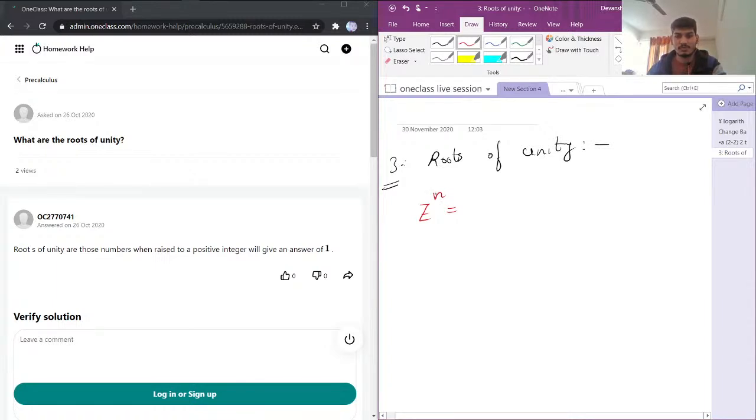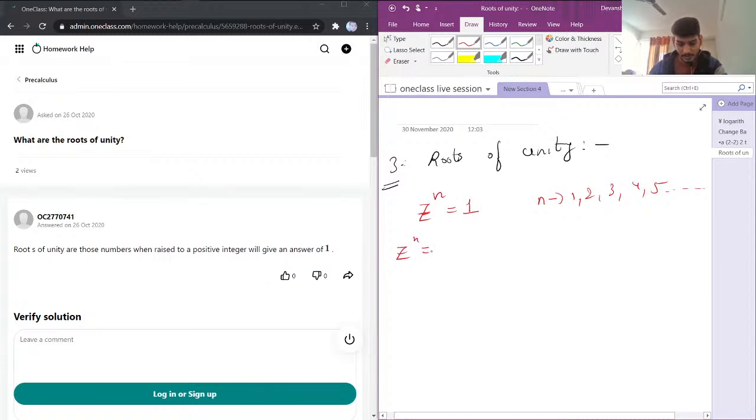So for the first root I will write just 1. For the second, n will be 2. So for the nth root, my z power n should be equal to 1, where n are positive integers 1, 2, 3, 4.